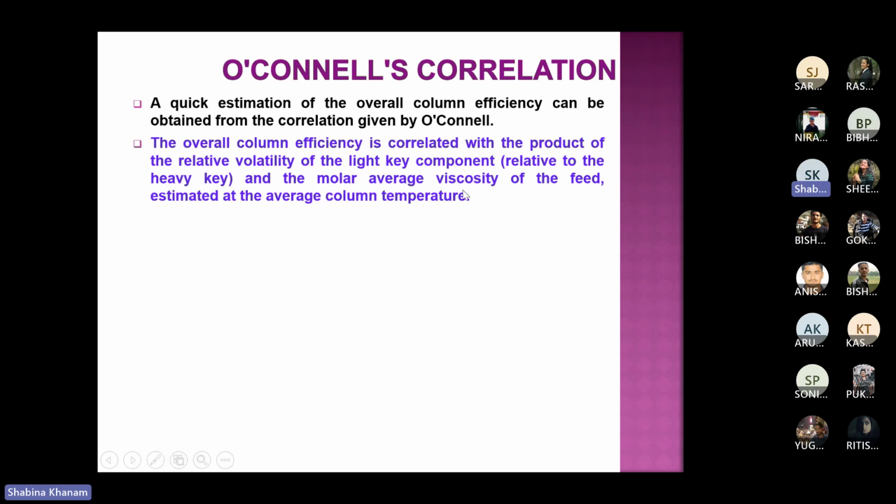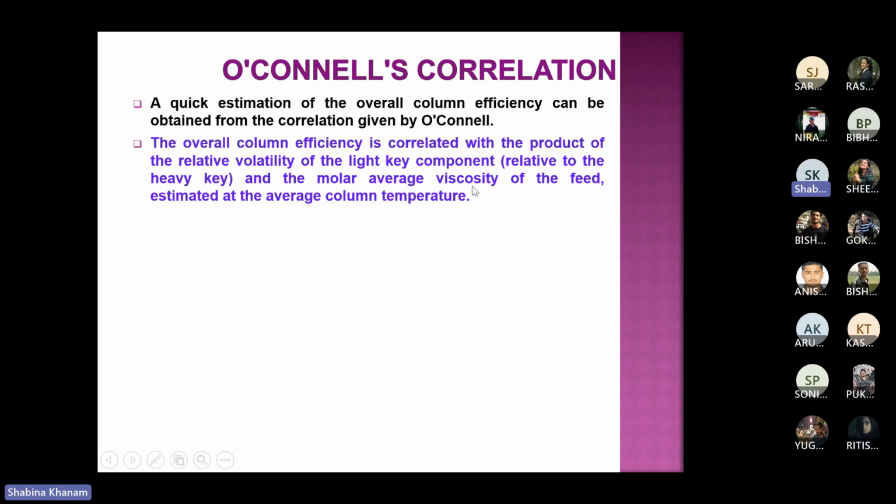It says that the overall column efficiency is correlated with the product of the relative volatility of the light key component with respect to the heavy key, and the molar average viscosity.